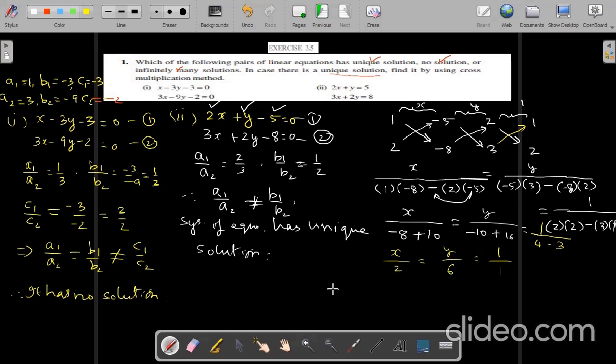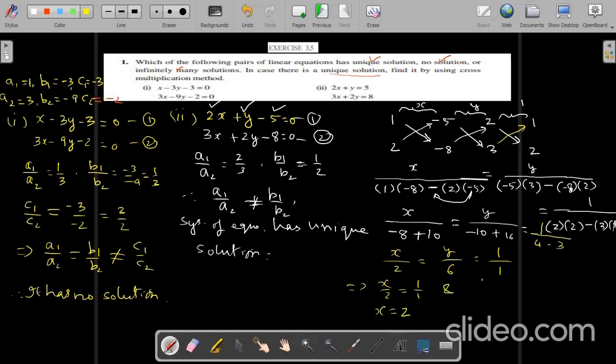Now equating x by 2 to the constant term. So first we will equate x upon 2 to 1 upon 1. 1 upon 1 we can write as 1 and multiply 1 with 2. So x is equal to 2 ones are 2.